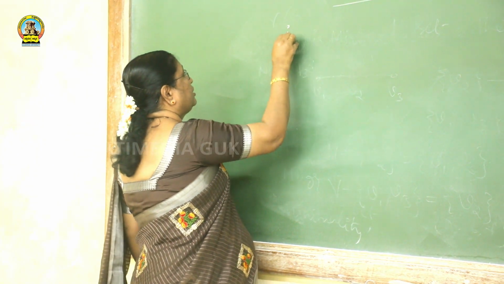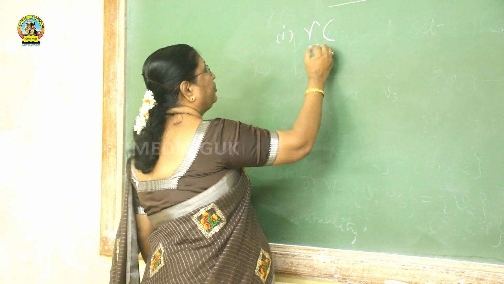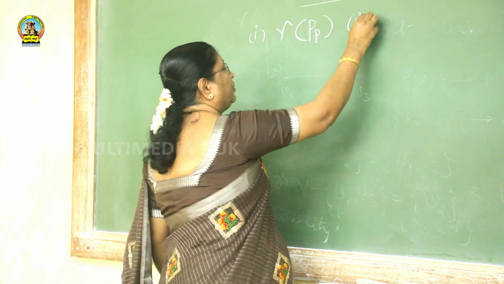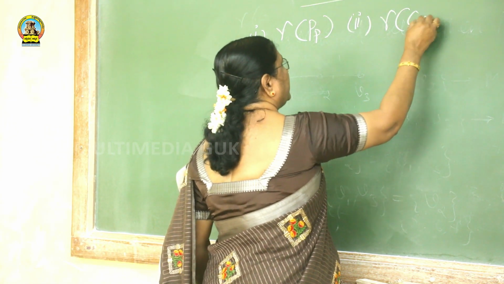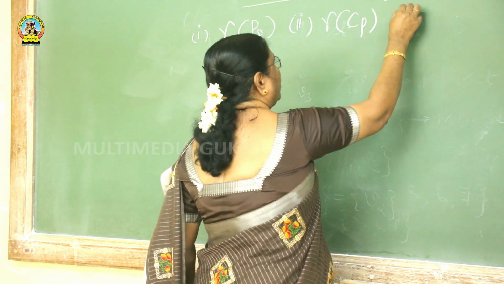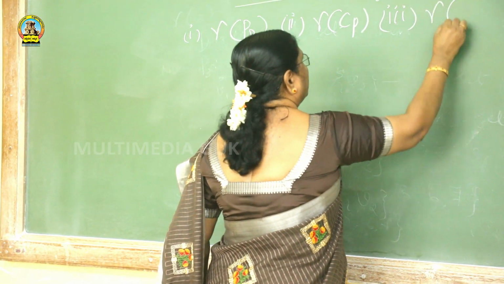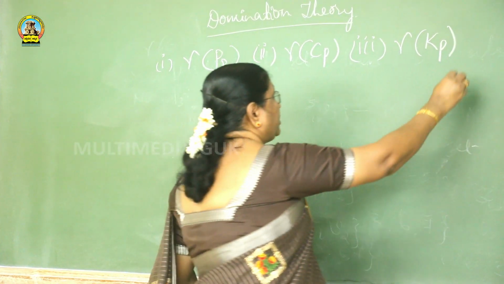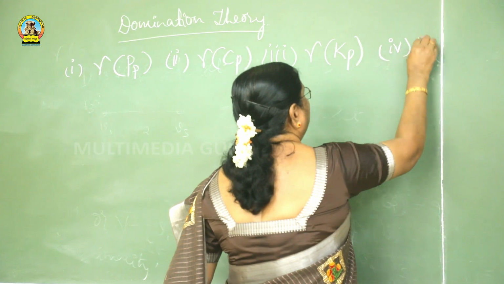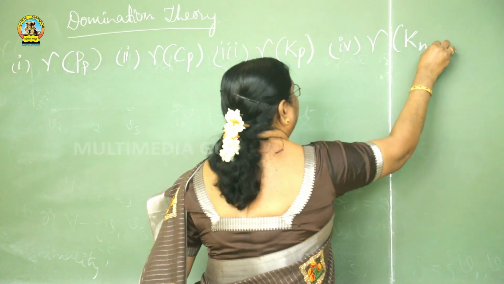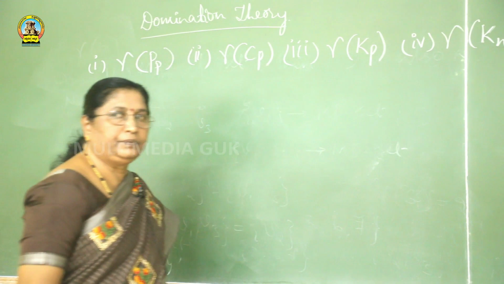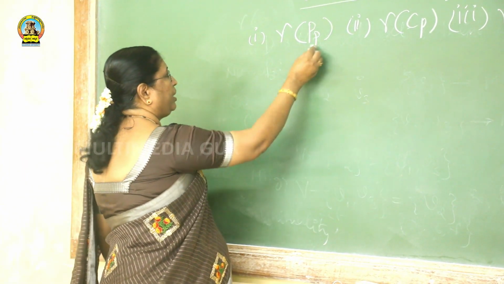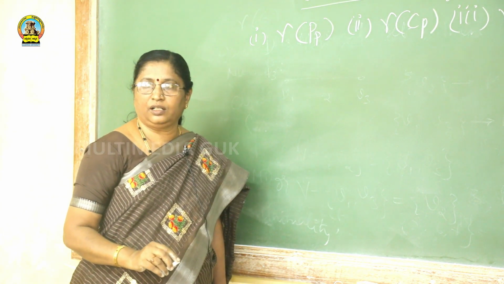For some of the graphs: domination number of Pn, domination number of Cn, then domination number of Kn, and domination number of any bipartite graph. For the first one, let us see the calculation from n equal to 2 onwards.